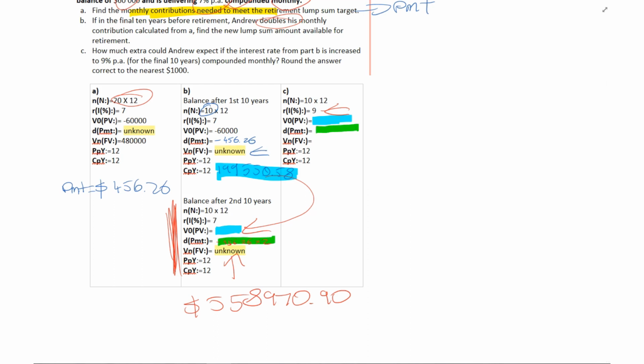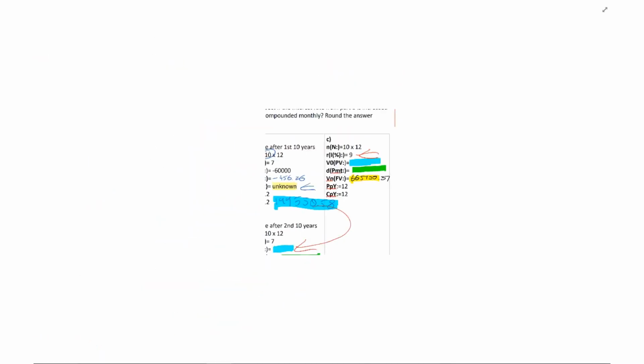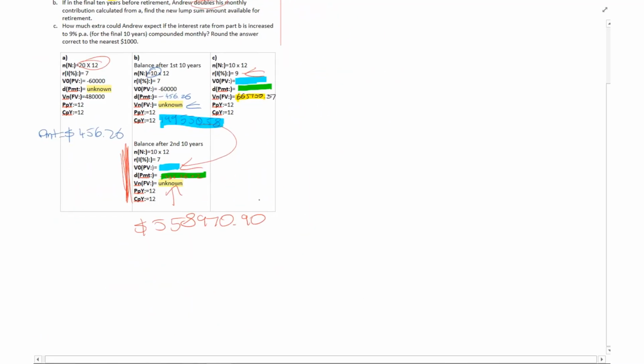And I'm still after basically that unknown. Okay. All right. So the answer you'd get from doing all that is a value of 665,755.37.